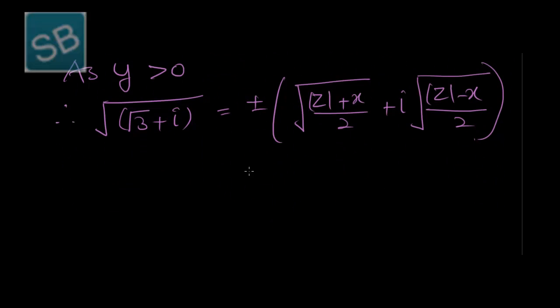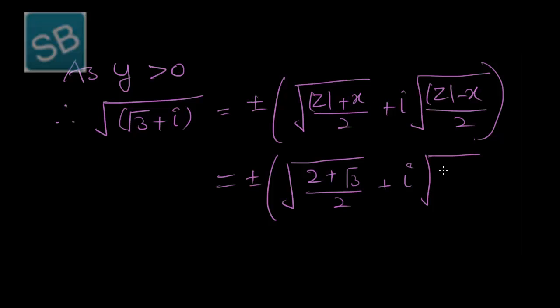That is plus minus under root of 2 plus root 3 over 2, plus iota under root of 2 minus root 3 over 2.